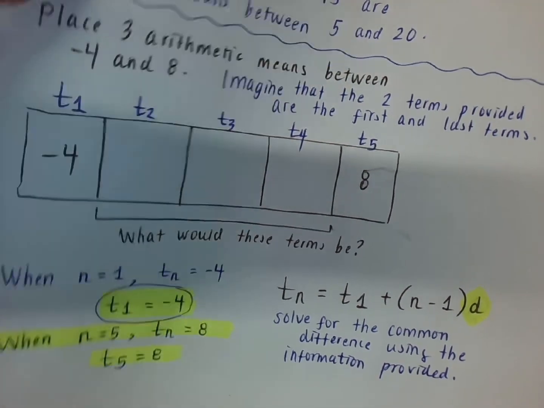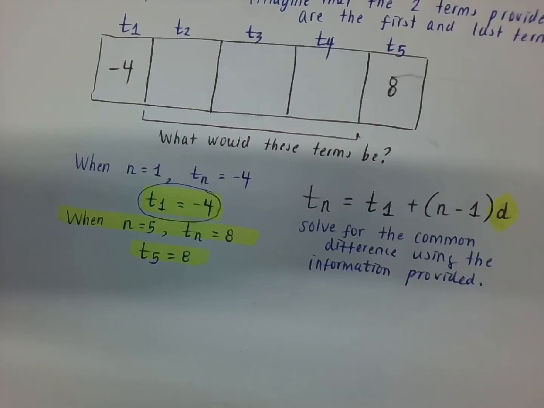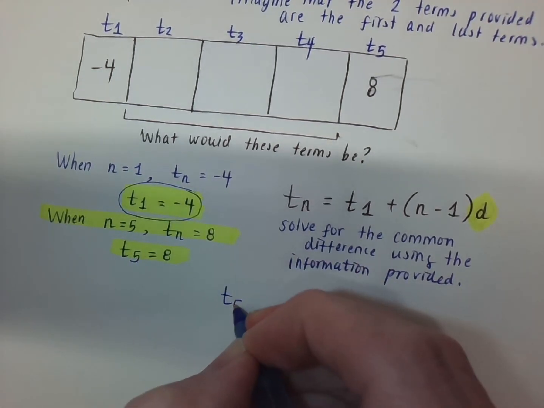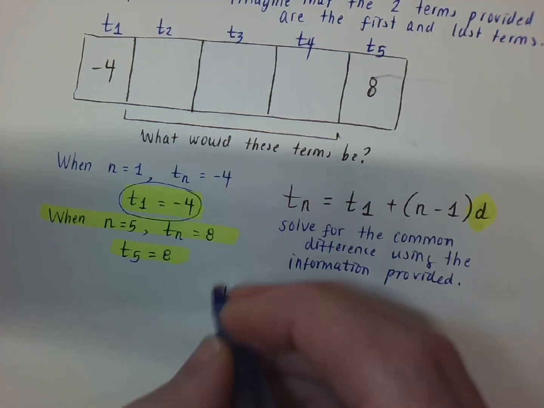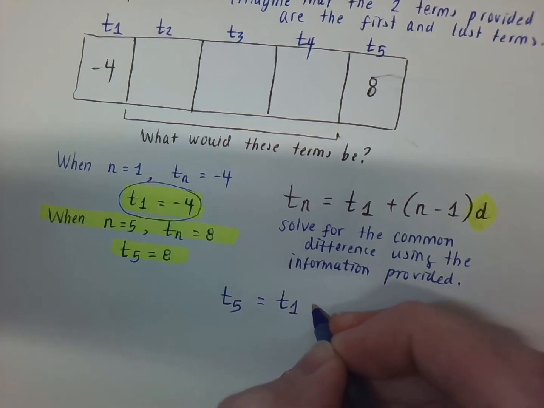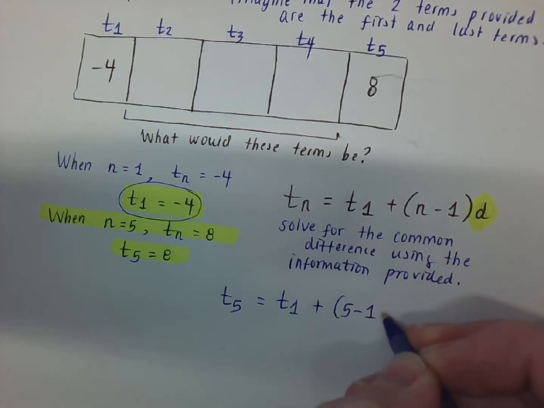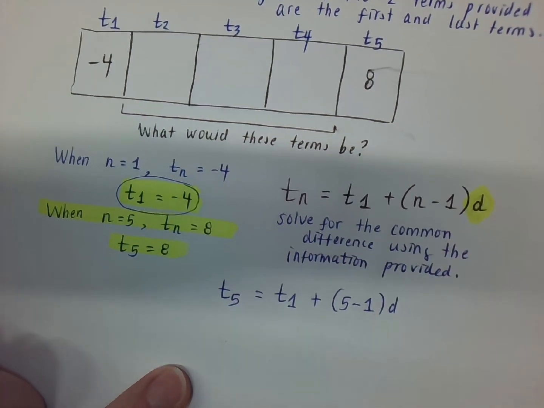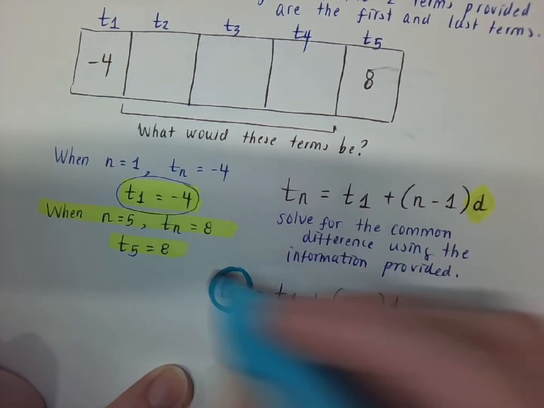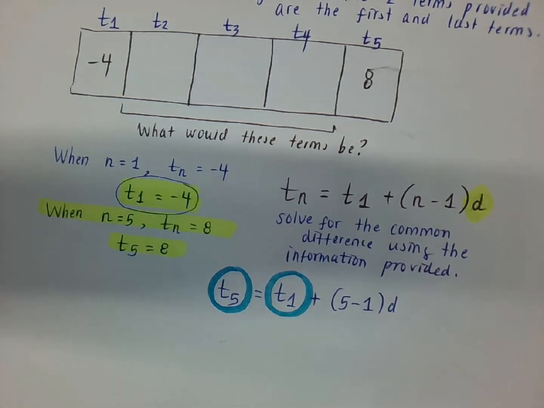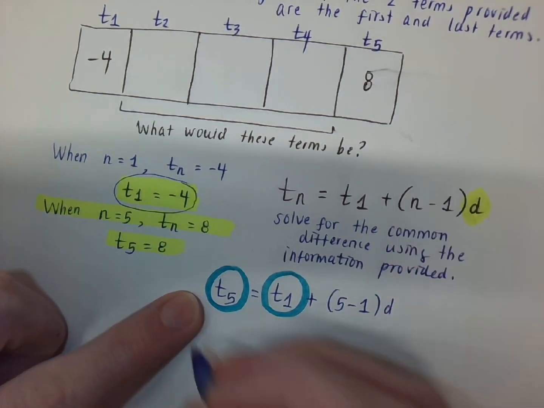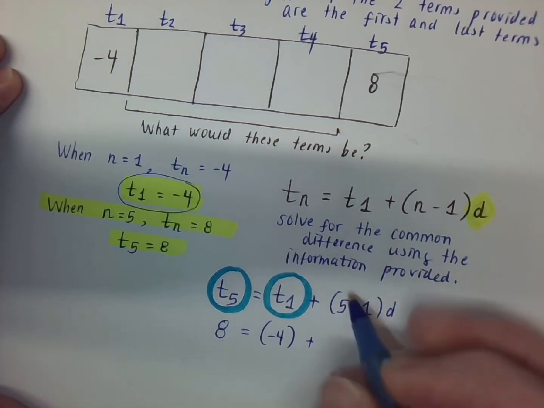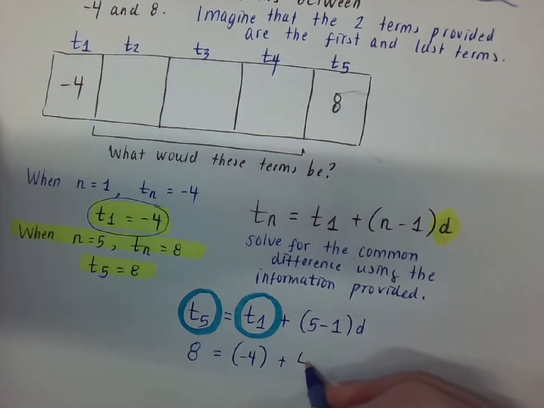So let's set this up. I'm going to talk about T5. T5 has to be T1 plus 5 minus 1 times D. But I actually know what T5 is and what T1 is, so I can replace those. T5 is 8, and T1 is -4, plus 5 minus 1 D, that's 4D.